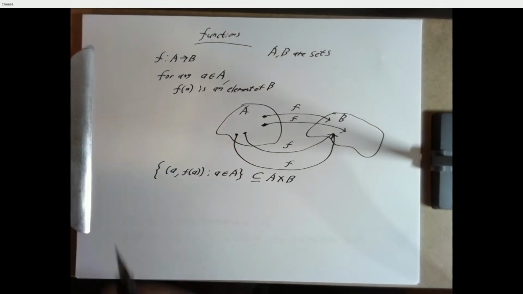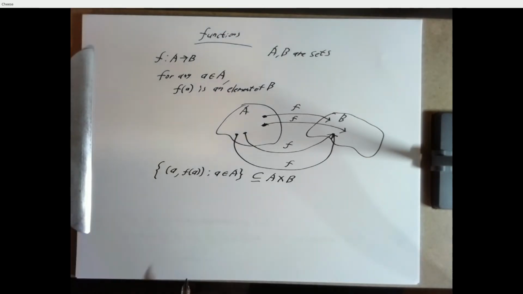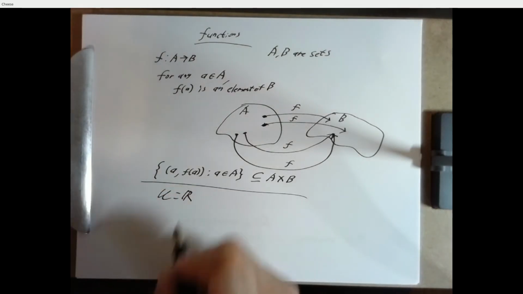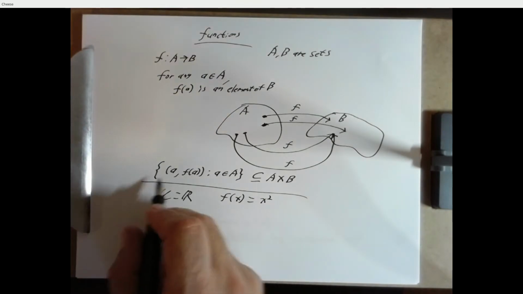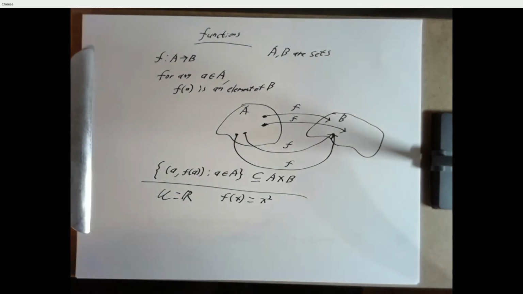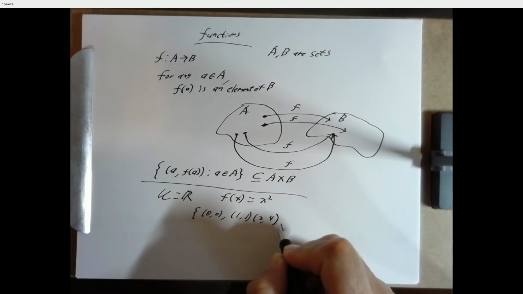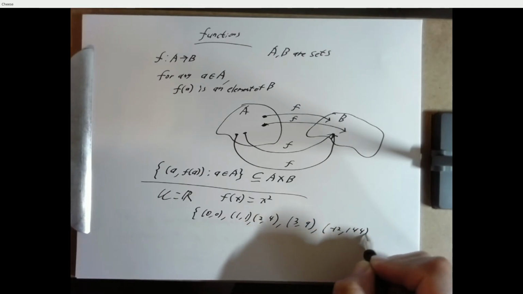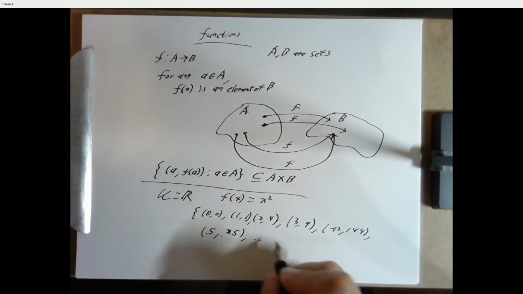Any function that we define going from A to B can be represented as a particular collection of these tuples which come from the set A cross B. So if we think of our universe as being the real numbers, and we think of f in our usual sense of f of x equals x squared, then this collection of tuples which corresponds to f would be something like (0, 0), (1, 1), (2, 4), (3, 9), along with the negatives, (-12, 144), and the fractional ones, (0.5, 0.25), and so on.